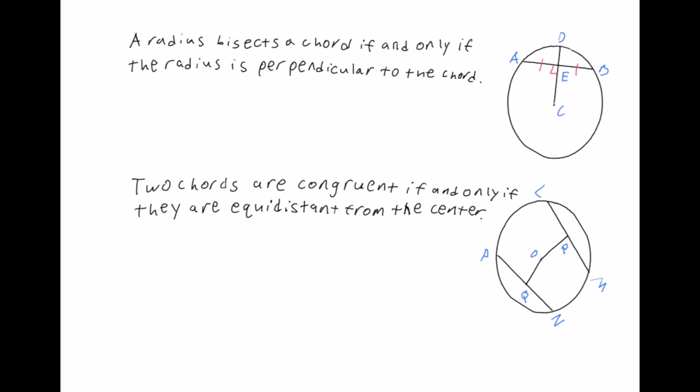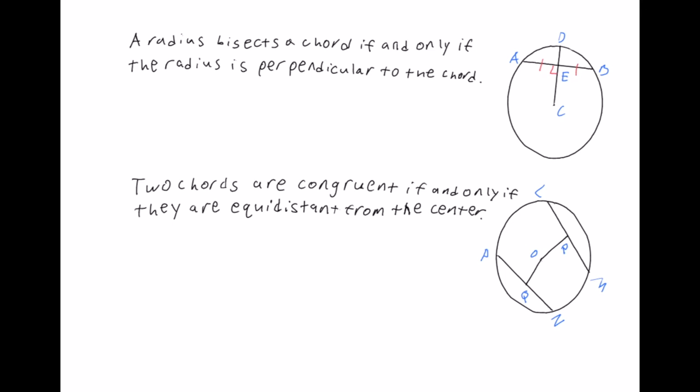So the AE and EB would be congruent. Or it works in the other direction, where if AE was congruent to EB, then angle AEC would be a right angle. The lines would be perpendicular.